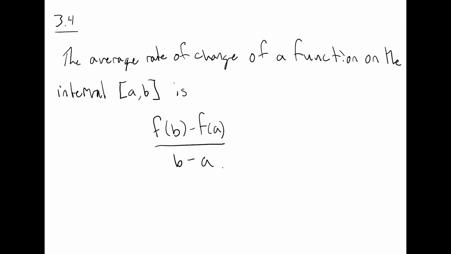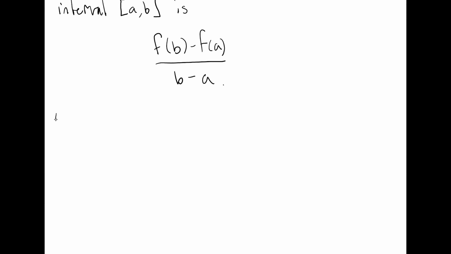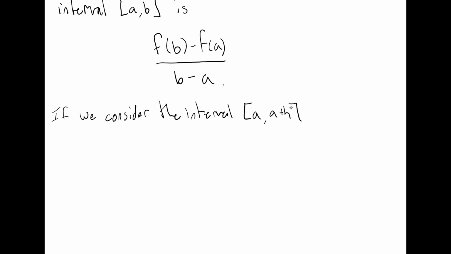So, the average rate of change of a function on the interval from a to b is just this nice, simple little difference quotient, right? Now, if we change that interval, we consider the interval from a to a plus h, we get something a little different.